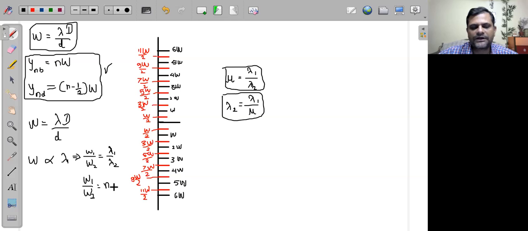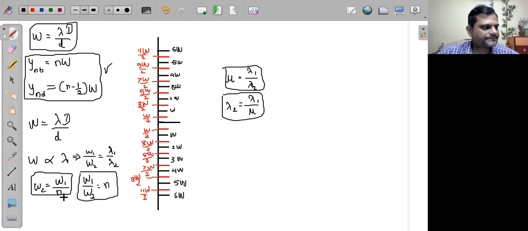Your textbook denotes refractive index by n. So W1 upon W2 is simply equal to n, and hence the final bandwidth W2 is 1 upon n times the initial bandwidth. That means bandwidth will get reduced by a factor of n in this case.